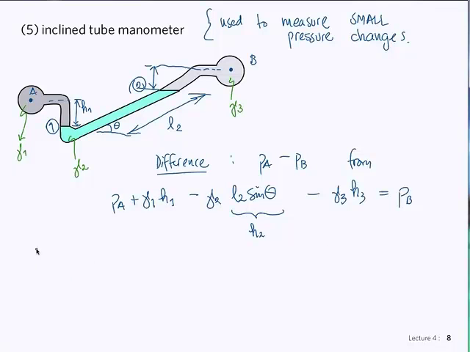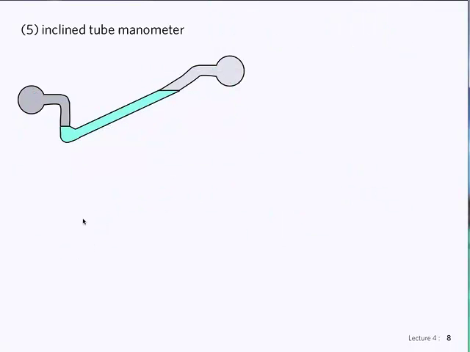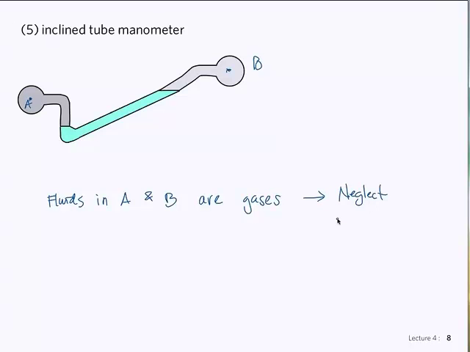Now again, if the fluids in A and B are gases, then neglect the gamma 1 H1 term and the gamma 3 H3 term.